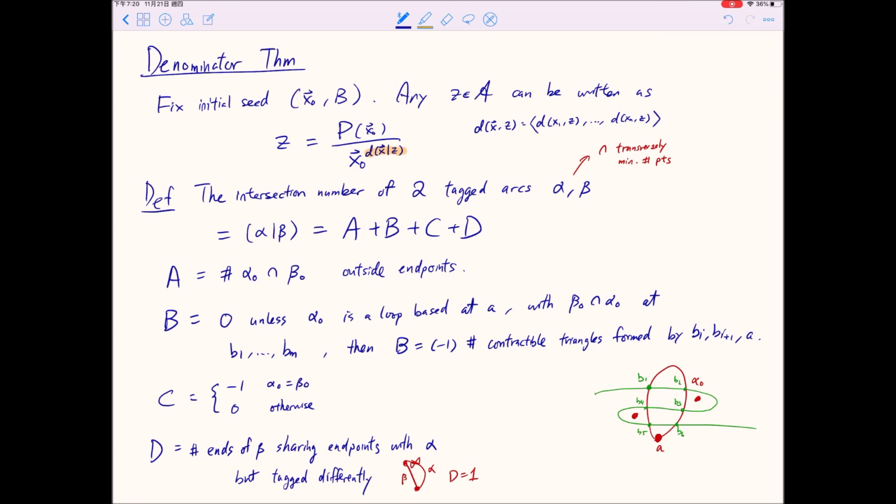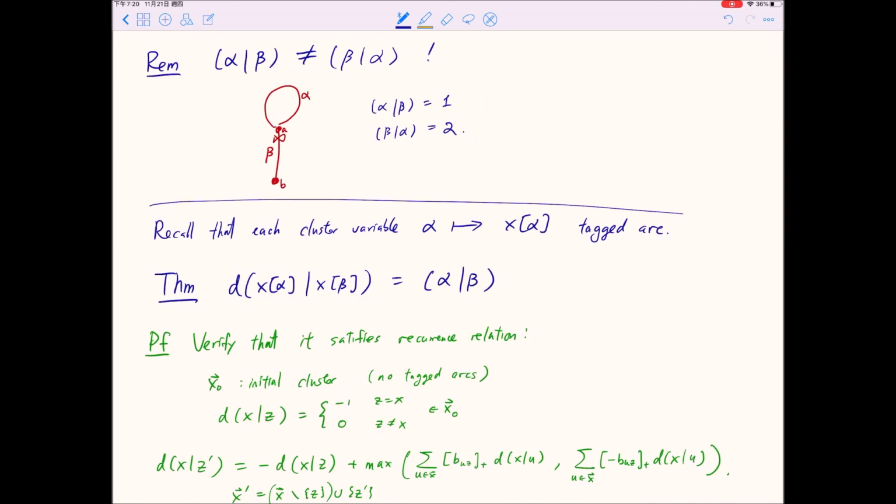Right, so that is the description. The main idea basically is that you check that the cluster mutation formulas, you look at the monomial denominator, which is just the tropicalization. So it's given by this formula. And you check that the A plus B plus C plus D sum satisfies this recurrence relation.